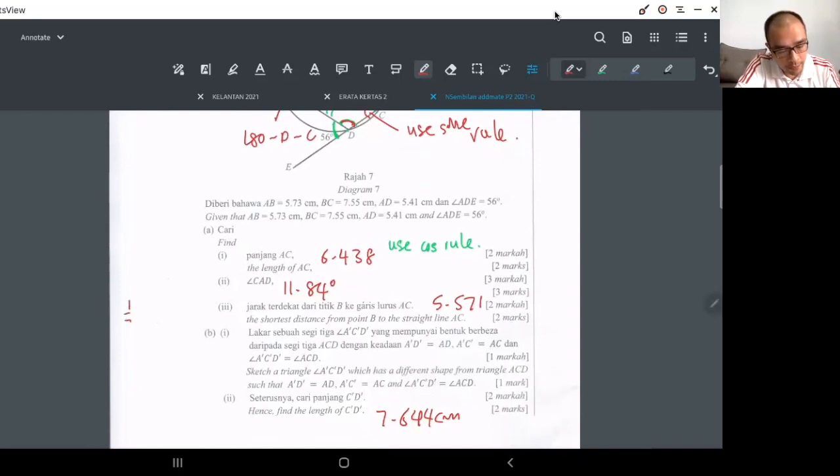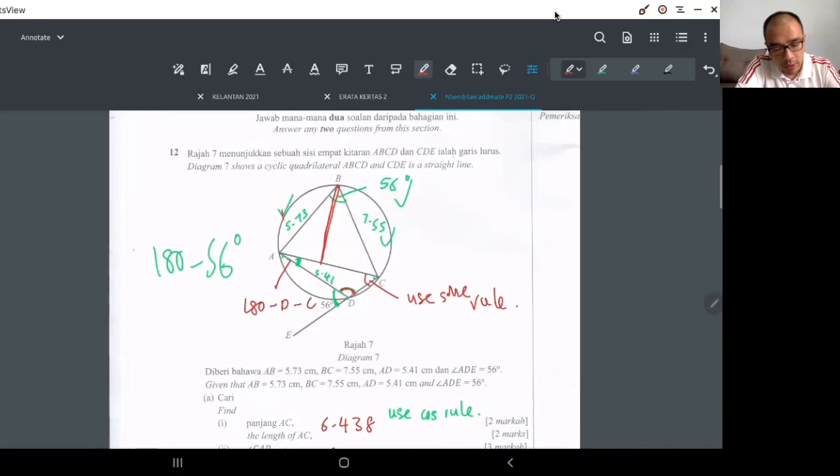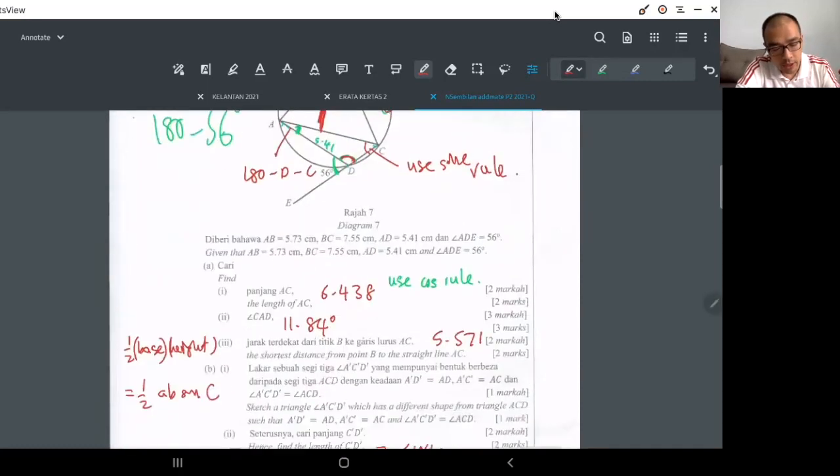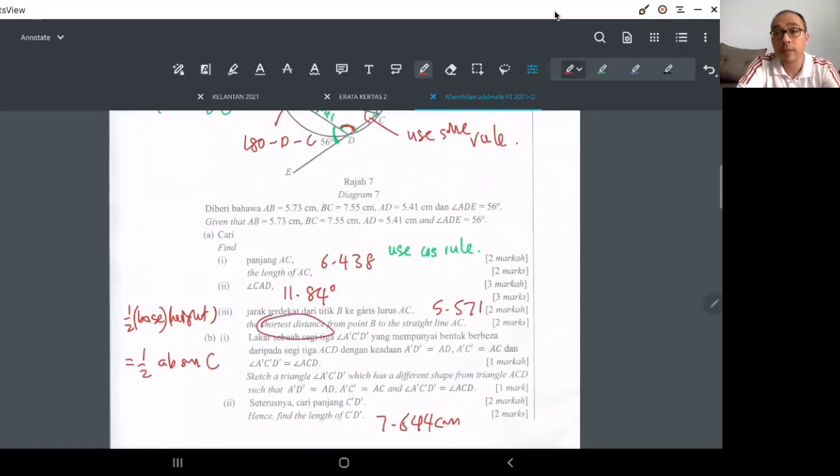That means half times base times height equals half AB sine C. You can find the area of the triangle: half times 5.73 times 7.55 times sine 56 equals half times base times height. You want to find the height, which is the shortest distance.